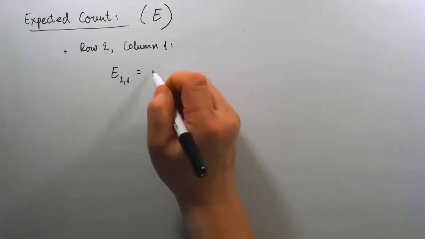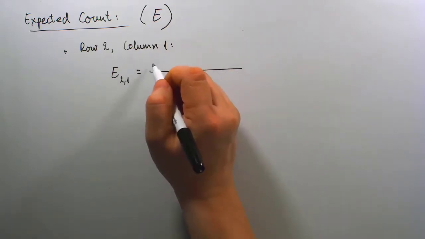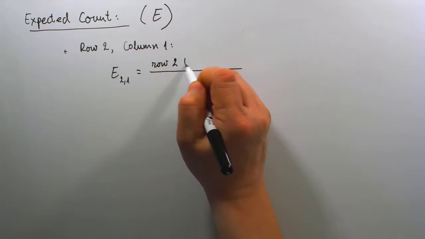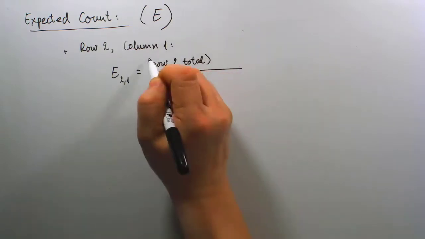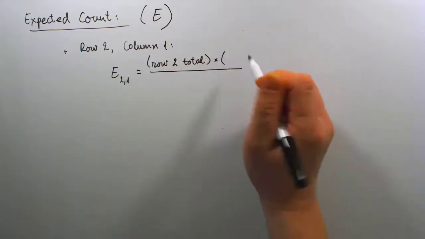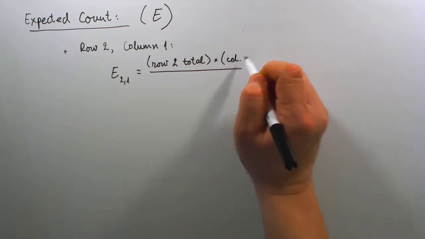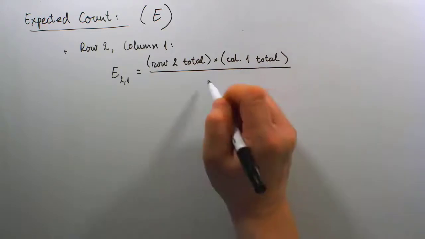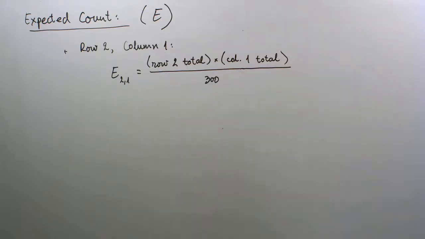And now again, I'm repeating that formula, but with a different row entry. So row 2 total this time, multiply with column 1 total, and we're still dividing that by our sample size.